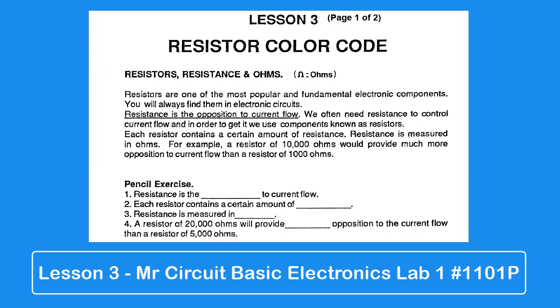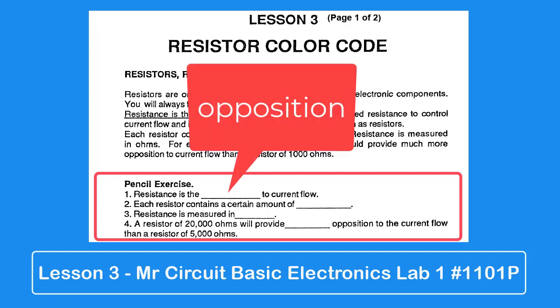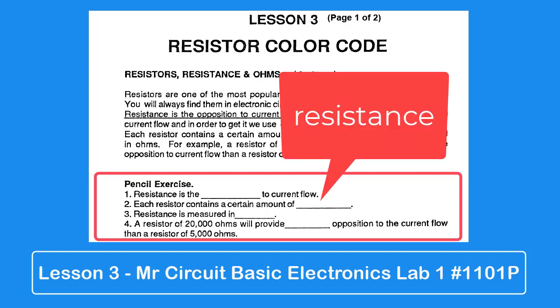Pencil exercise. Number 1. Resistance is the opposition to current flow. You can go ahead and fill in that on your page there. Resistance is the opposition to current flow. Number 2. Each resistor contains a certain amount of resistance.